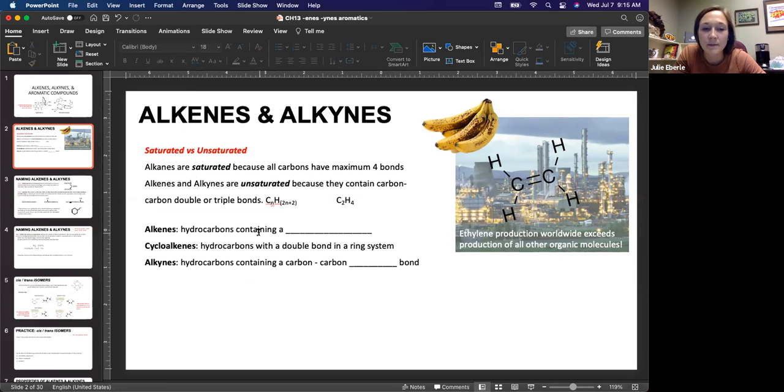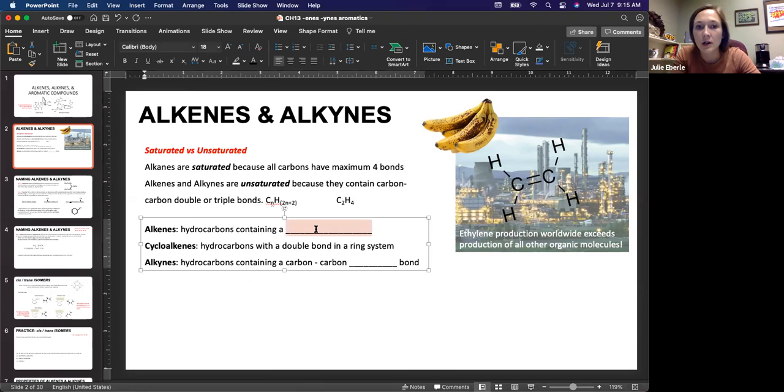Okay, alkenes. These are hydrocarbons containing a what? What do you think should go in the blank? A carbon-carbon double bond, right?